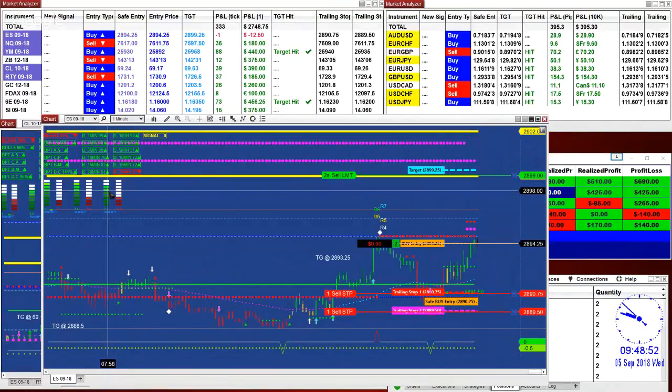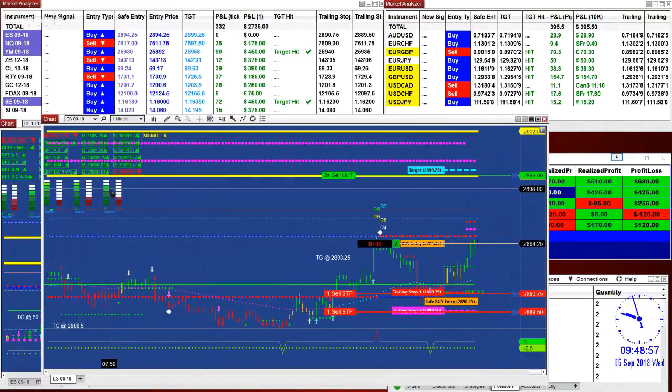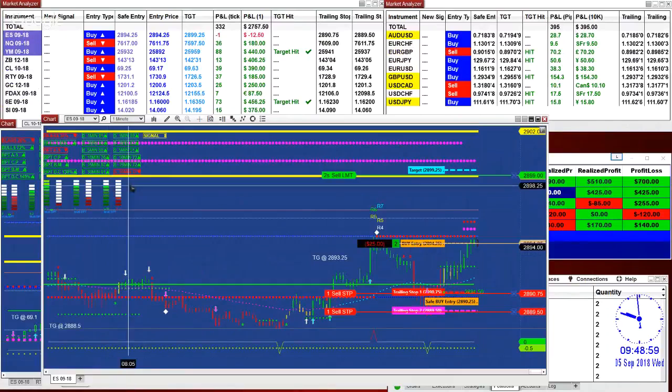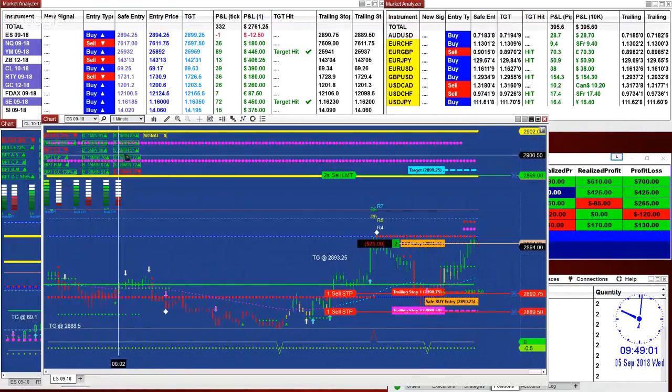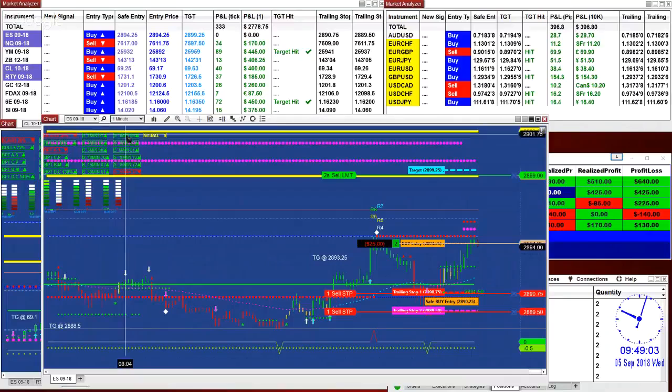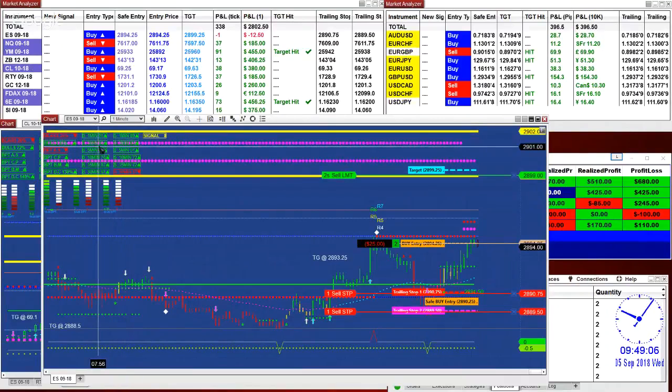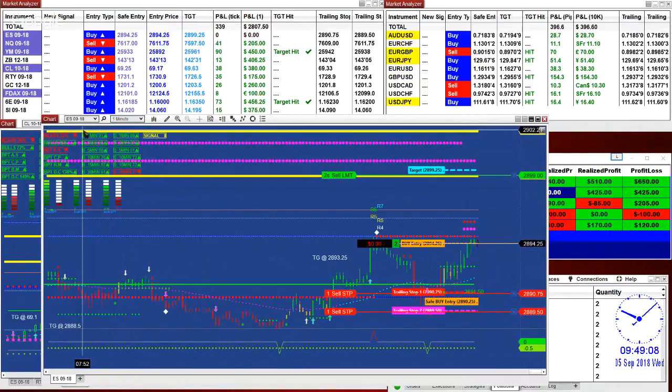Those indicators, the buyers over the sellers, come in conjunction with 6 different higher time frames, and it looks like from the 1 minute to the 30 minutes there is very good, strong momentum here. So now this ES is struggling in that area at the moment because of this double resistance.